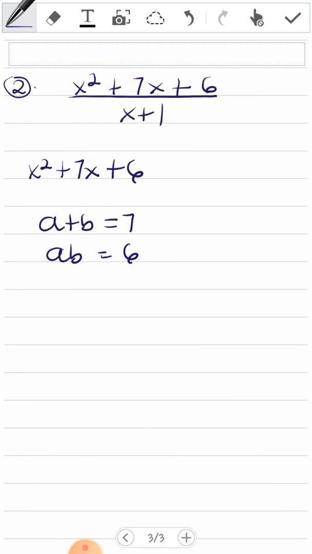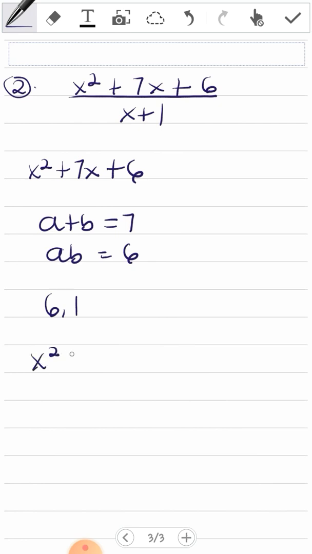I'm going to get 6 and 1, because when I multiply 6 by 1, I get 6, and when I add, I get 7. These two are factors of 6.